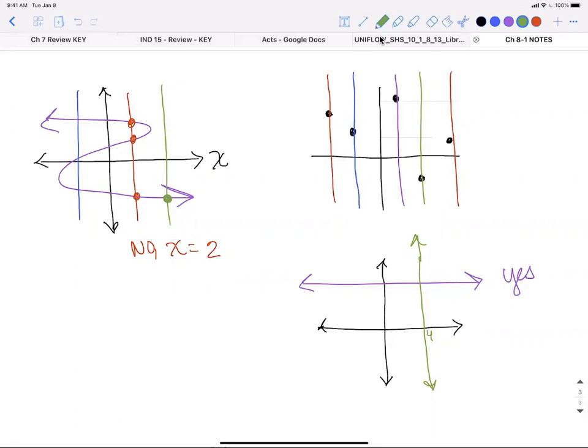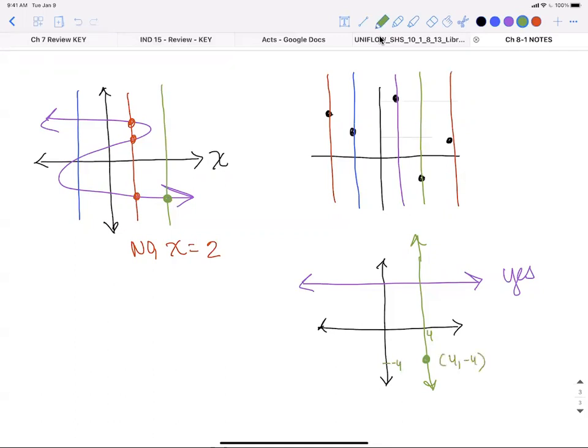It still is the whole cheating x idea, but we just don't have to name points in order to see it. If I were to name points on my green line, and obviously this is not a labeled graph, I'm calling that x of 4, and I'll call this -4 on the y-axis. So this point is named (4, -4).